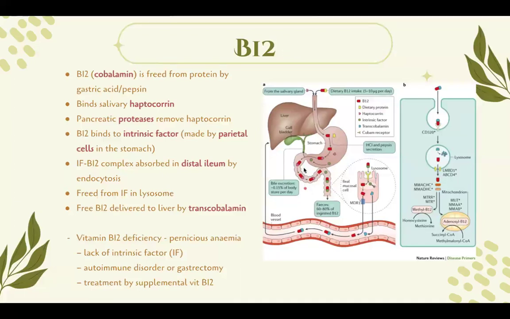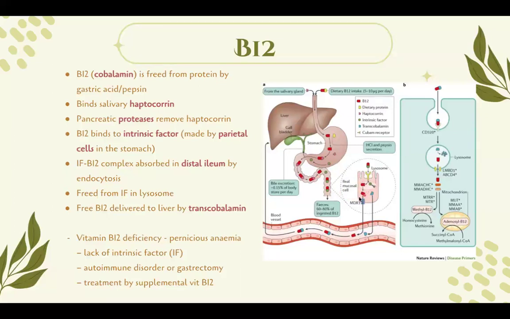Now, inside the small intestine, B12 will be freed from the haptocorrin, okay? And now, again, it's free. So what it does is it joins this intrinsic factor, okay? The B12 intrinsic factor complex over here will be absorbed in the distal ileum by endocytosis.